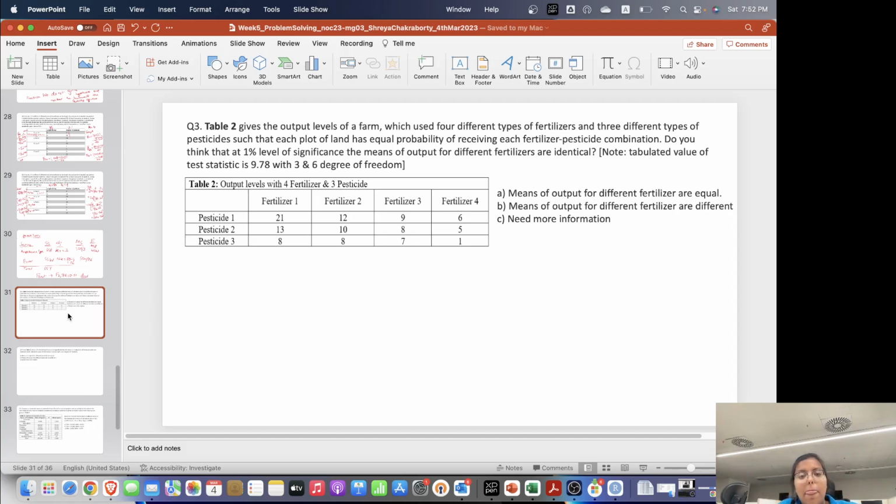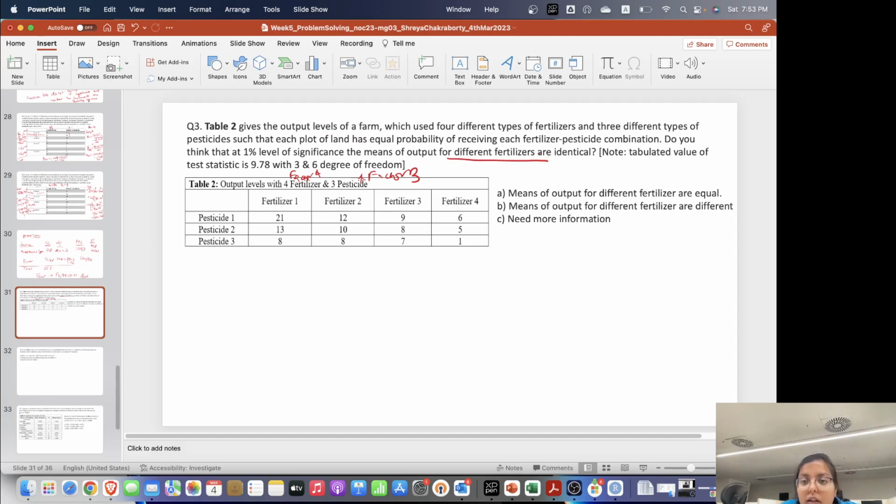So here, if we consider this problem, table 2 gives the output levels of a farm which used 4 different types of fertilizers and 3 different types of pesticides. So fertilizer is one factor, factor A, with 4 levels. Pesticide is the second factor, factor B, with 3 levels. Do you think at 1% level of significance means of output for different fertilizers are identical?